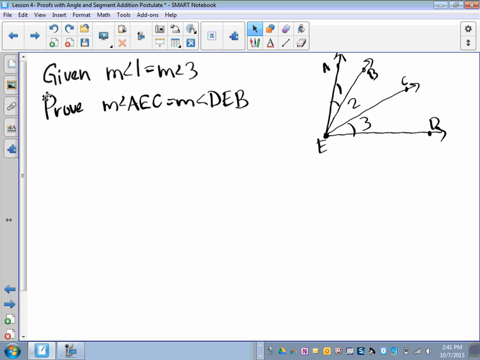So we have angle AED, angle AEB, BEC, and CED. And to make things a little bit nicer, they went ahead and labeled it with angle 1, angle 3, angle 2. Angle 1 and angle 3 being the same measure.